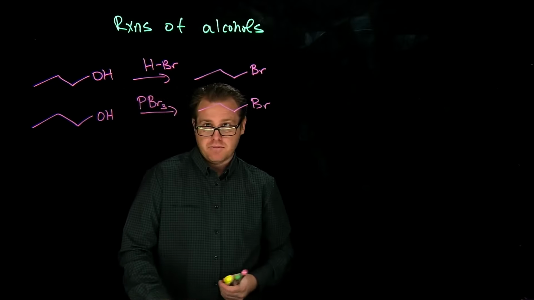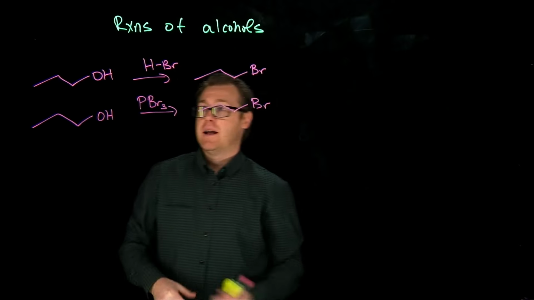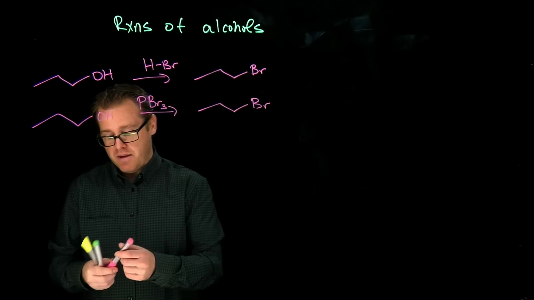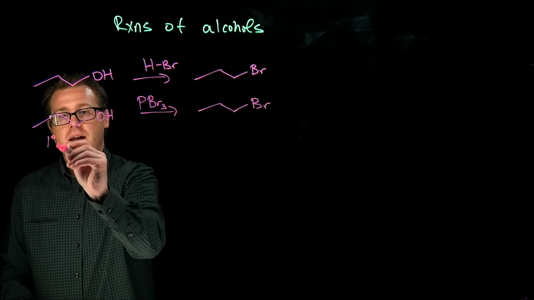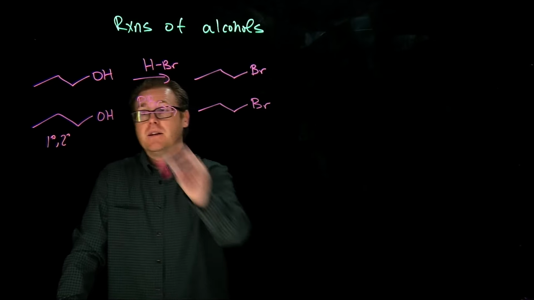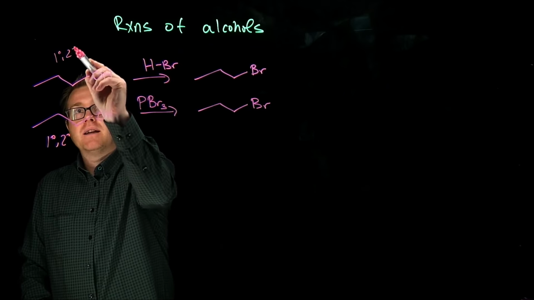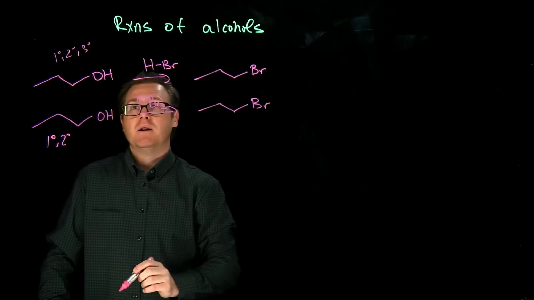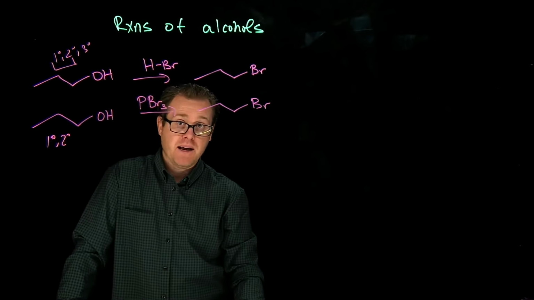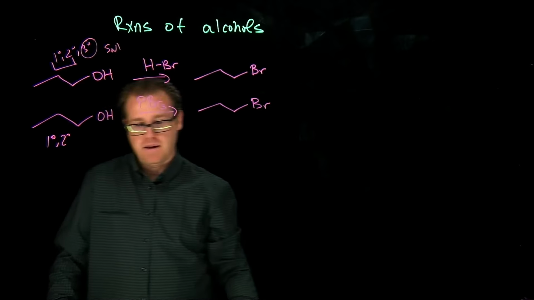Now this reaction also can only be done with primary and secondary alcohols. This reaction up here can be done with primary, secondary, and tertiary. But when they are primary and secondary, it's going to follow an SN2 mechanism, and when it's a tertiary, it's going to follow an SN1 mechanism.